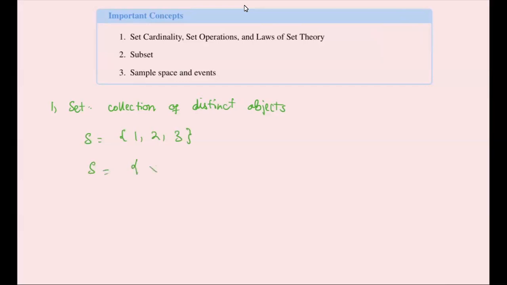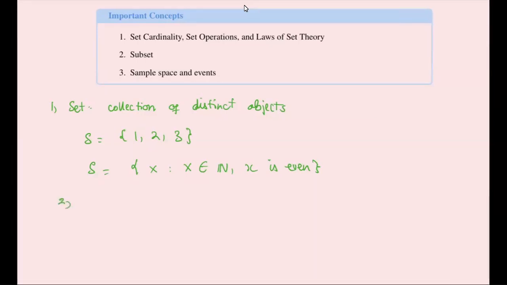The second way is to use a set builder notation. So this notation is saying that the set S contains all the elements that are natural number and they are even. So this is basically just a set of all even natural number. That is the first thing.